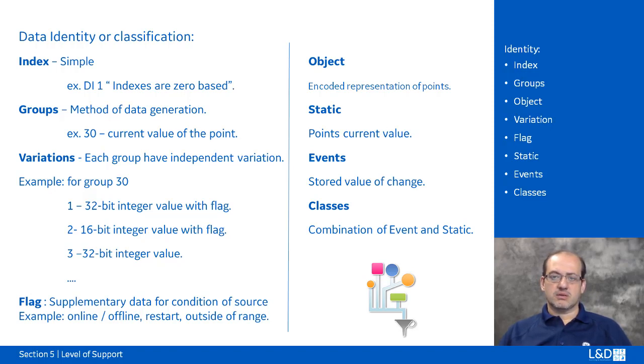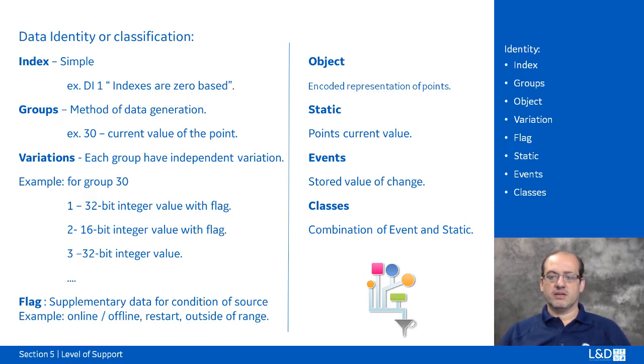One thing that the protocol works on is object variation and quality. So any data that's generated should be placed inside an object. It's just an encoded representation of the point. And that data could have many variations.